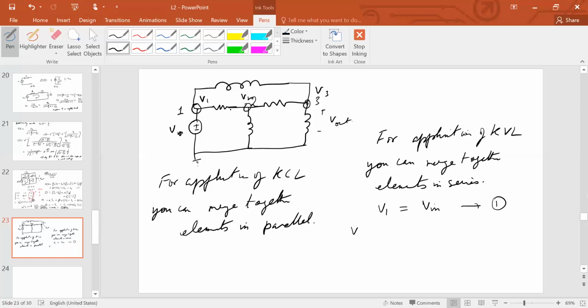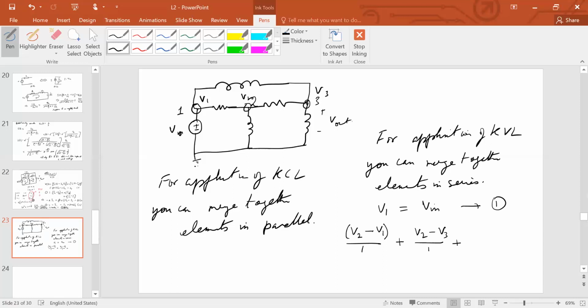So now equating the KCL. So the sum of the incoming currents to this should be 0. So V2 minus V1 upon 1. That is the 1 ohm resistance. Plus V2 minus V3 upon 1.